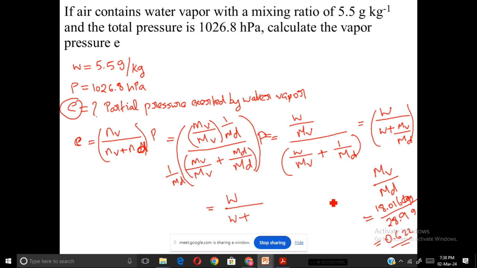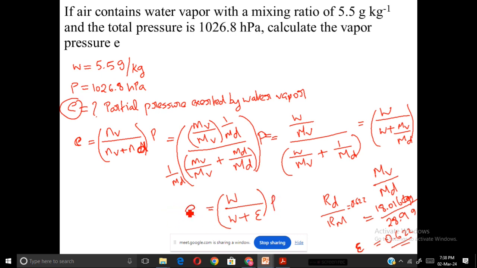This is also equal to the ratio of the specific gas constants, RD by Rv, which also has the value 0.622. So this value, RD by Rv or mv by md, is represented as epsilon. So here we can write E equals w by w plus epsilon, into P.